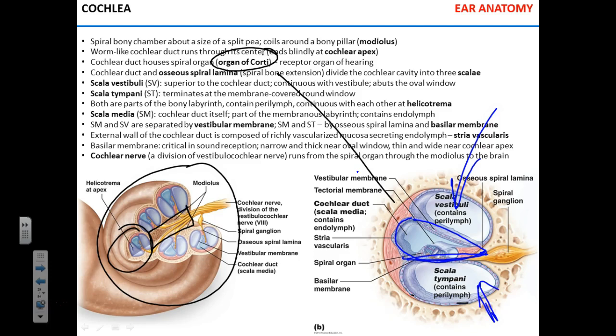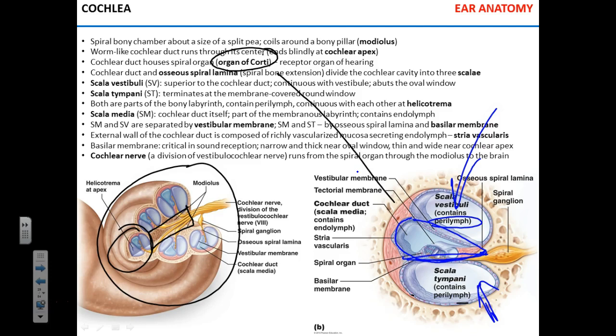Scala vestibuli and scala tympani are parts of the bony labyrinth. Okay? They are filled with perilymph, and they are continuous with each other. Does that make sense?